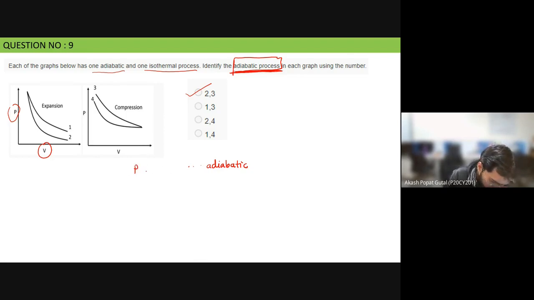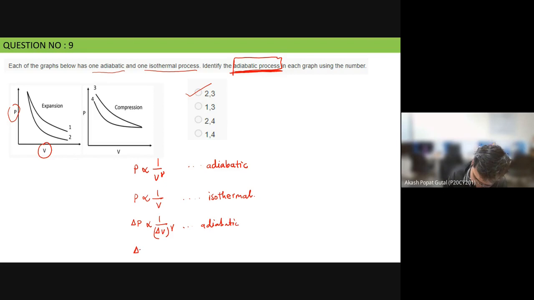Let's write P is proportional to 1 by V to the gamma for adiabatic, and for isothermal process it is 1 by V. If you consider the change in pressure and change in volume, del P is proportional to 1 by del V raised to gamma for adiabatic, and del P to 1 by delta V for isothermal.